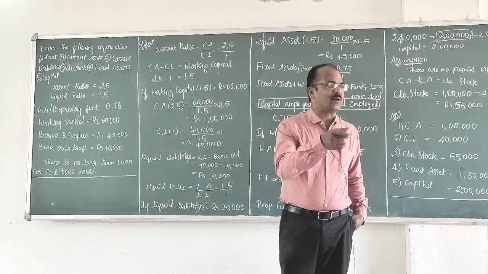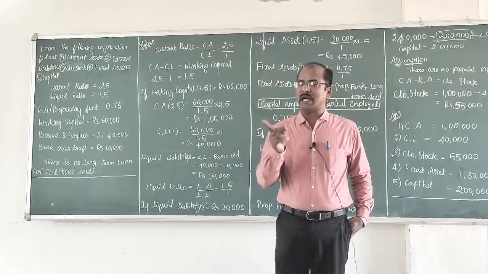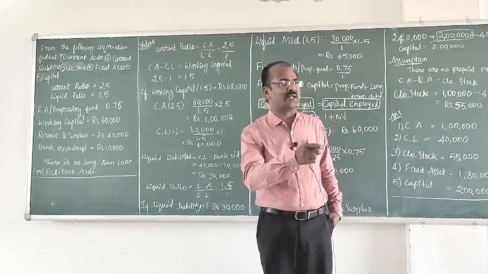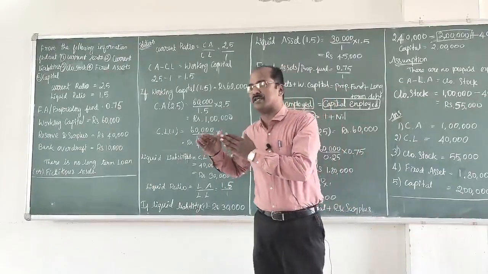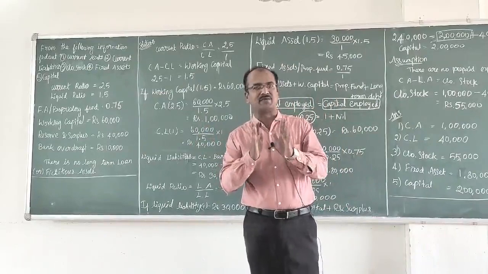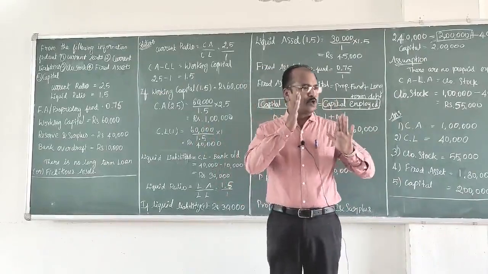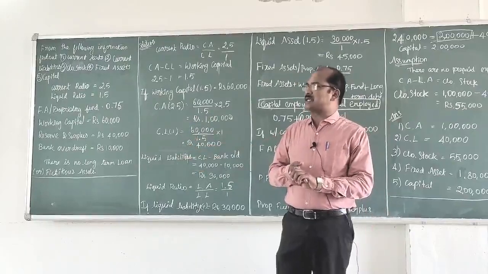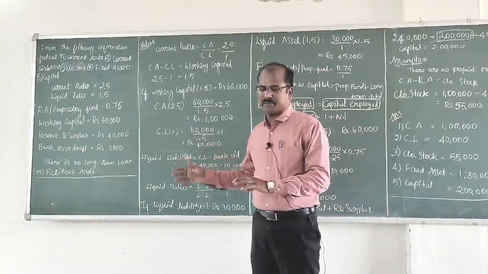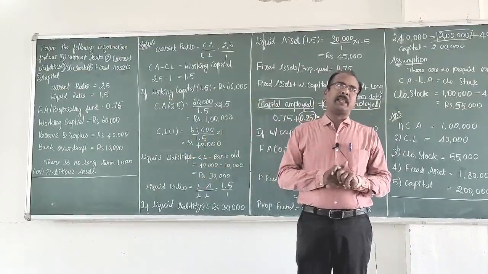After calculating liquid assets, what we can do? Current assets minus liquid assets will give us closing stock. This is how we have to progress in the solution. This is a plan of the solution. So first you need to plan out the solution before you start. Now let us get into the details here in the solution first.